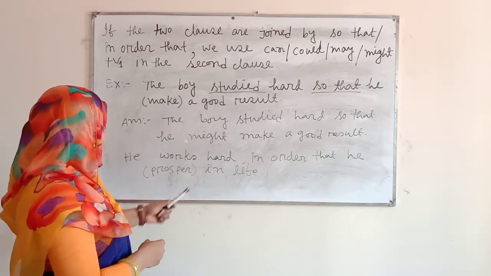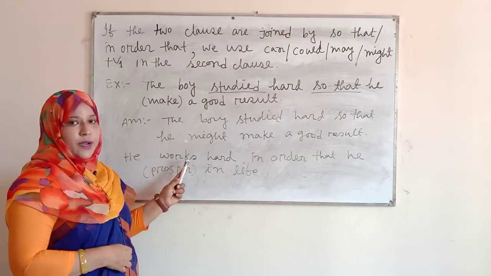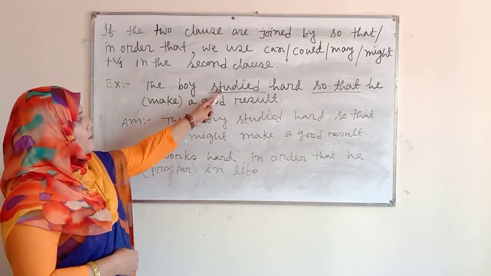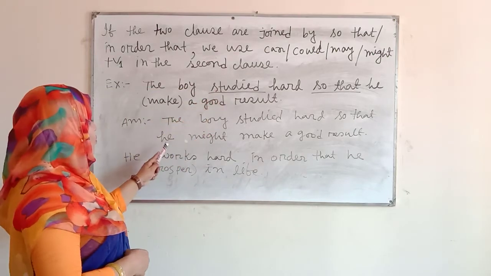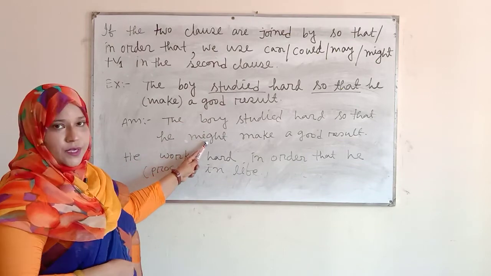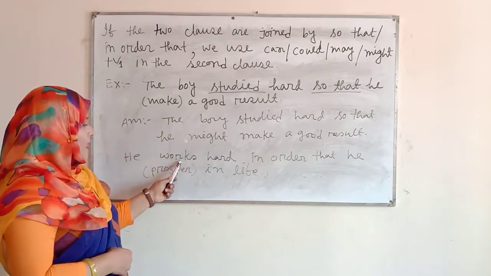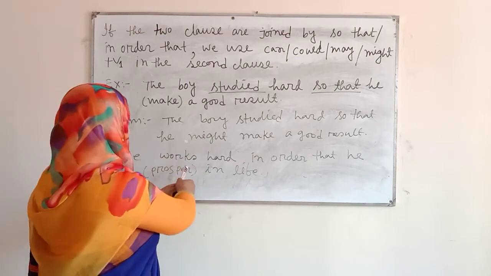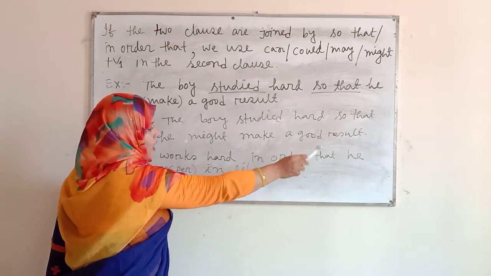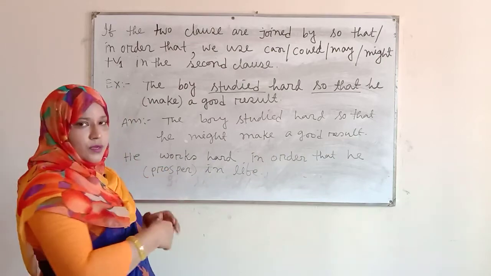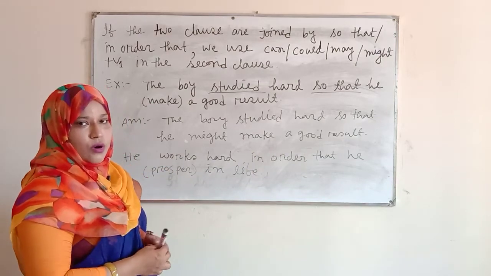Students, notice here the verb is in the present form. In the earlier example the verb is in the past form, so we use might or you can use could. Now our verb is in the present form, works, so we will use after he or subject can or may.